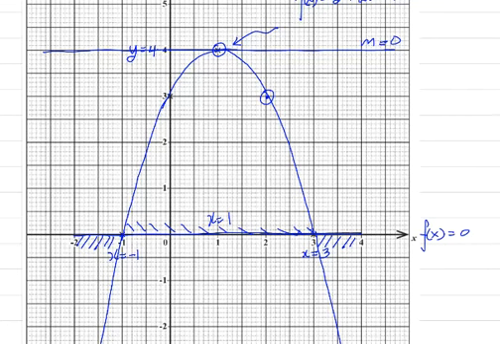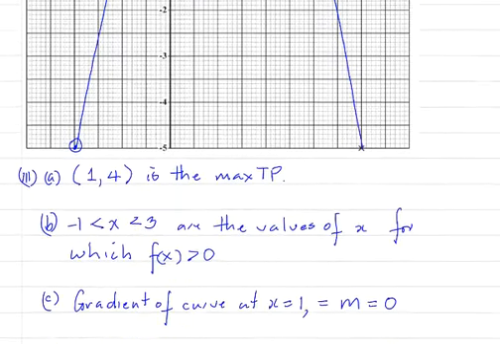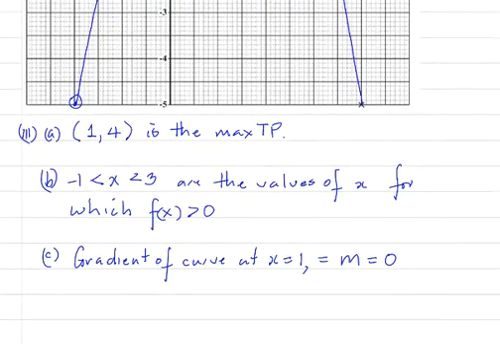Now the gradient of the curve is equal to the gradient of the tangent. So in this instance, the gradient of the curve is equal to the gradient of the tangent m at the turning point, which is equal to 0. So the gradient of the curve at x is equal to 1 is m is equal to 0.